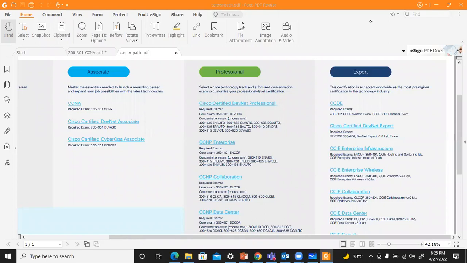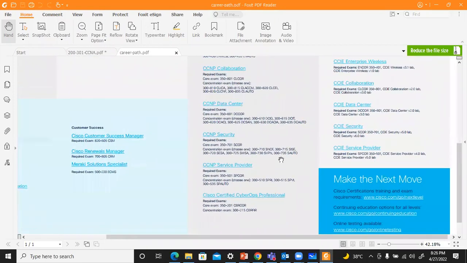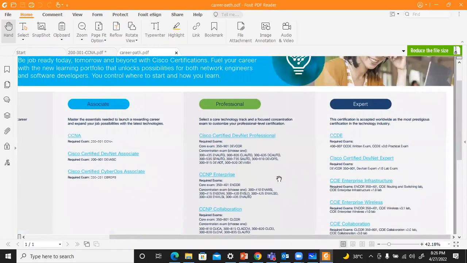Now going back to the career path, you can see for professional level, the same way we have different tracks. For each, you have to go for the NCore, or let's say the core exam, and then the concentration exam. Then next is the expert level, where you have to take one written exam and one lab exam.